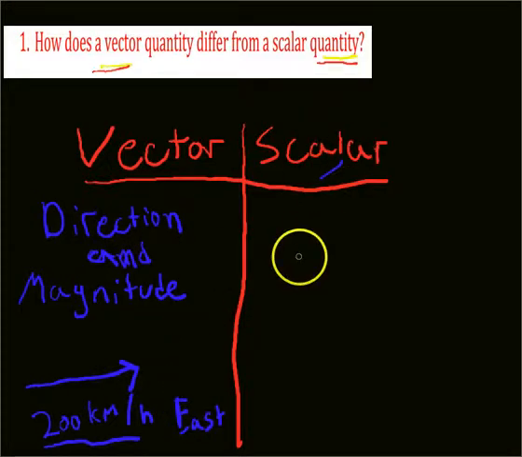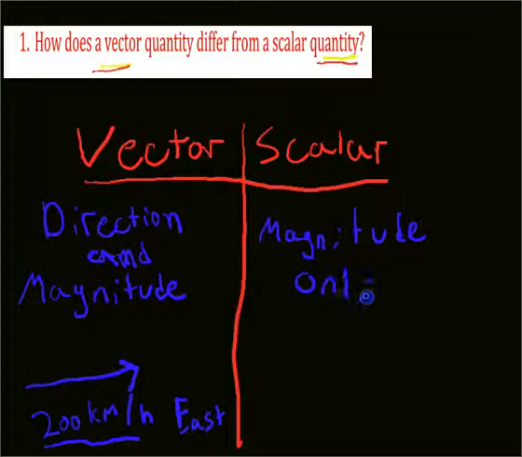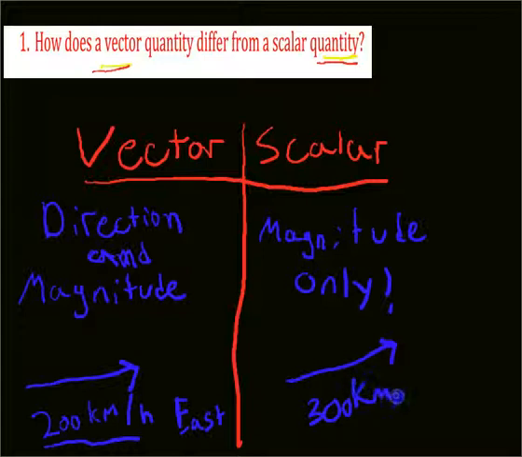Now we'll move on to scalar. Scalar, remember, is magnitude only. So again, if we have a plane flying like this and it's going 300 kilometers per hour, this is just a scalar.